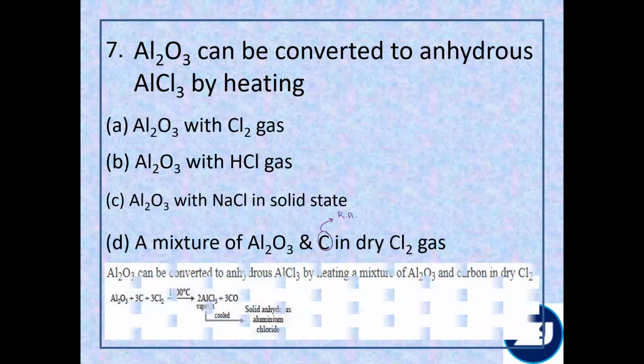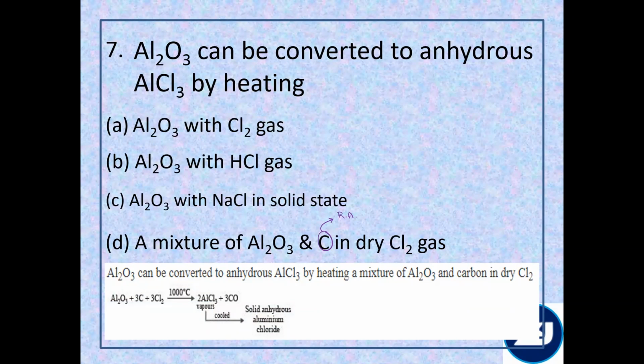So यहाँ पर this is the reaction. Alumina with carbon and Cl2 at a high temperature of 1000 degrees Celsius gives you AlCl3 plus carbon monoxide. So यहाँ पर function of carbon is very important, that it is taking away the oxygen of alumina to convert to Al, and that combines with the chlorine to form the AlCl3.